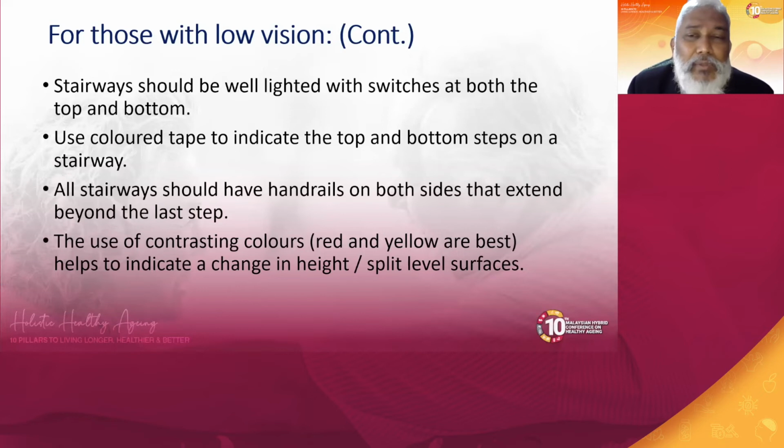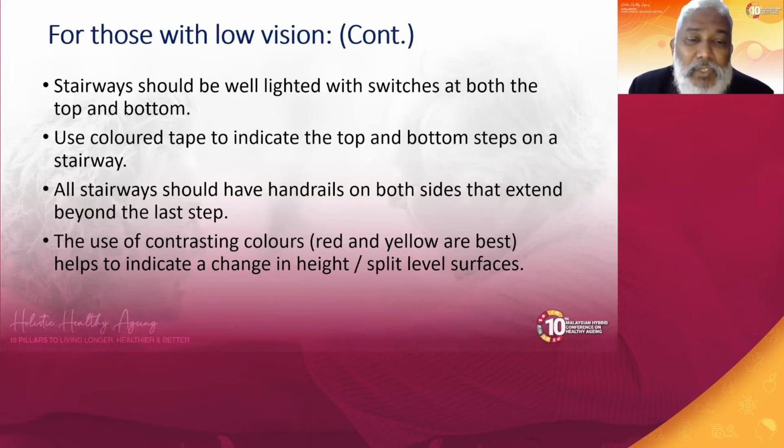About some of the other important modifications for low vision, the stairways should be well lit, with switches at both top and bottom. Use colored tapes on the edges, so that they can see the edges of the staircase, and also use grab bars, and contrasting colors to help on split level surfaces, where there's a difference in height.